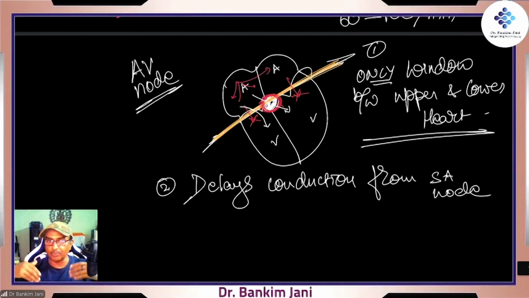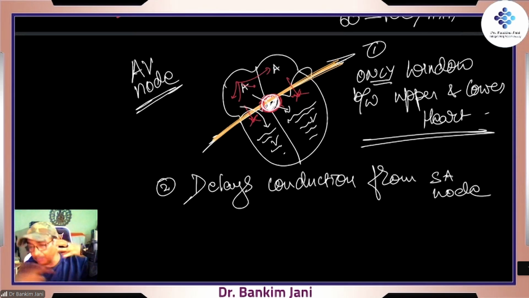Electrical signals in the atria move much faster. If they immediately told the lower heart, the ventricles, to contract, the ventricles would not have time to fill with blood. They need some time, so the signal is delayed here.